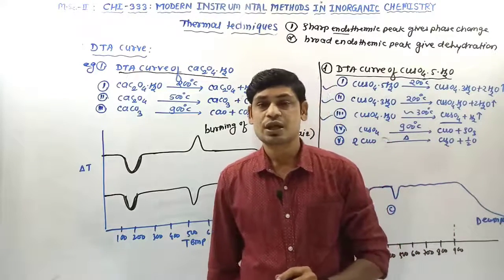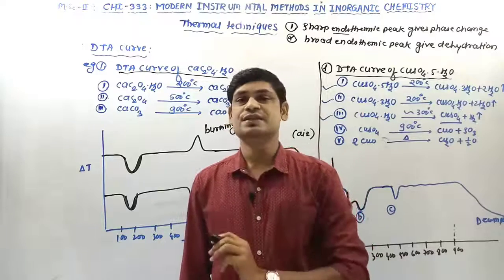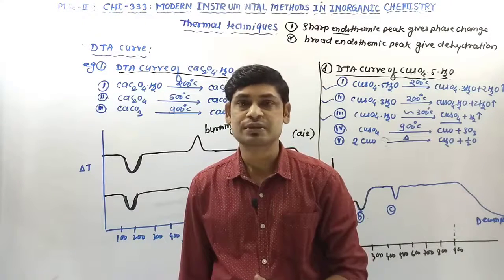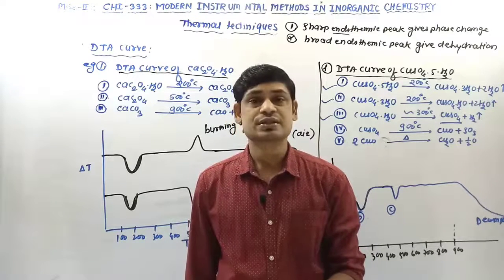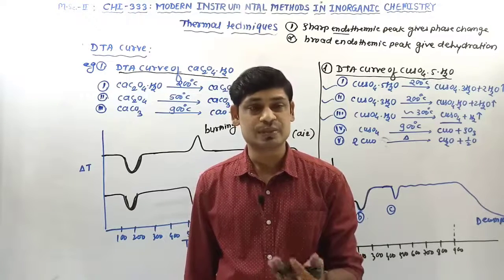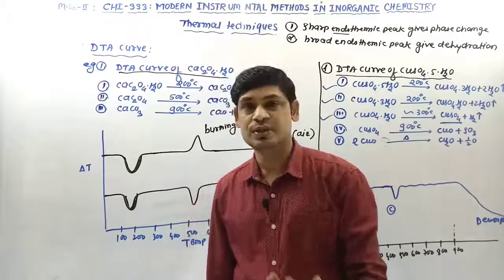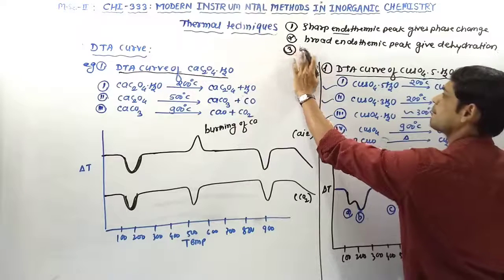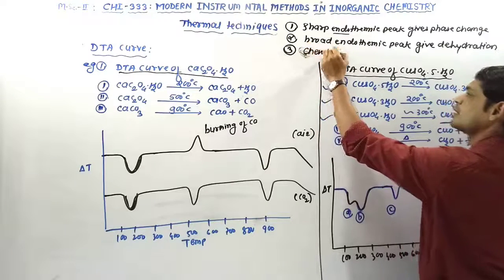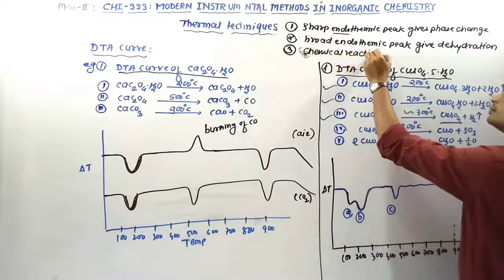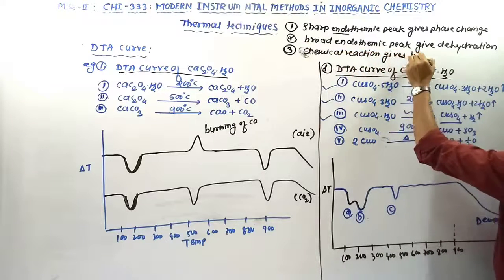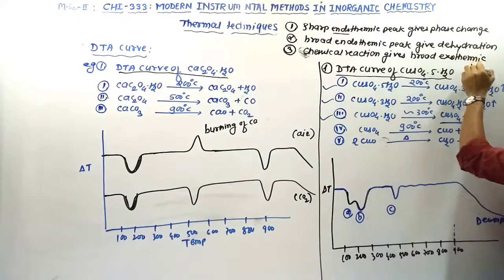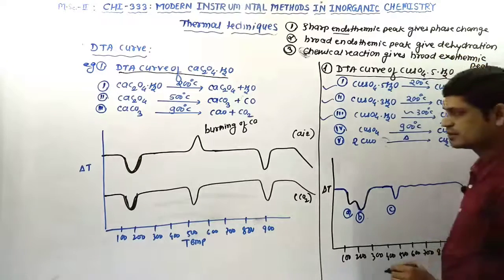Next one, if some chemical reactions are there, for example oxidation, as we discussed in our previous example, a chemical reaction which is exothermic will give a broad exothermic peak. So the third one, chemical reaction gives exothermic peak.